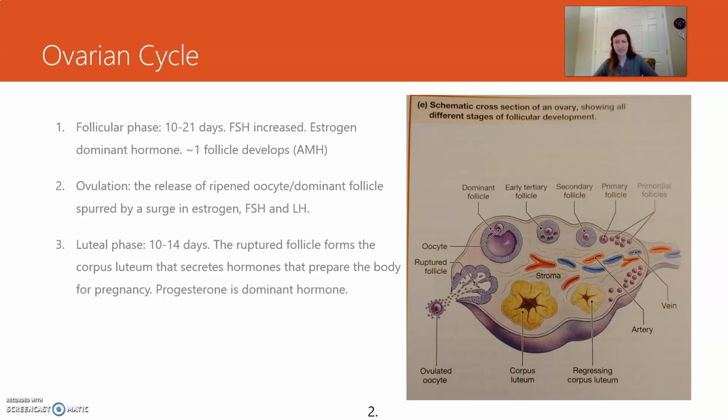So there's a lot of risk in having more than one follicle. And evolutionary-wise, risk is not good. So we only want one follicle going at a time. Another reason why only one follicle is released at a time is the system doesn't want to waste its follicles.